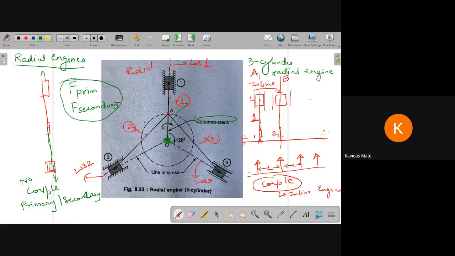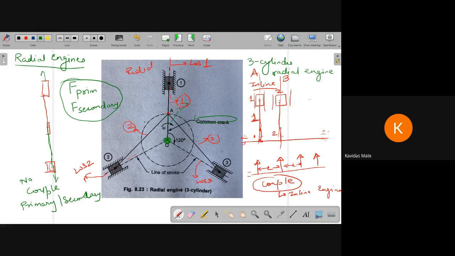I would like to ask you one question; you can put the answers in the chat box. You see this type of engine, the inline engine, in all the commercial vehicles. If you open any truck or any small vehicle, say a Maruti Alto, Maruti Suzuki, or any other vehicle, you will see the engines are placed in inline condition. And if you go to racing cars, we'll see the engines are radial engines.